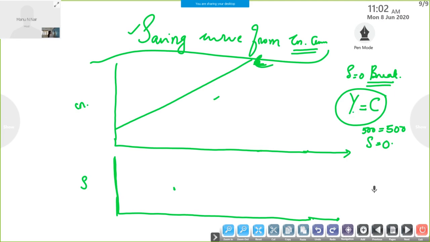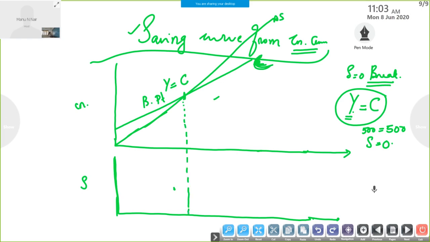Okay, y is equal to c. C we have. Then what is y? The y curve is AS. AS is identical to income. So we can take the aggregate supply curve for y. So here y is equal to c, that is the break even point. This is our income curve. Extend the income curve like this.